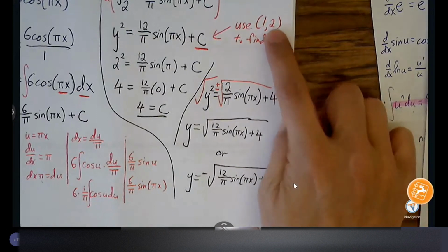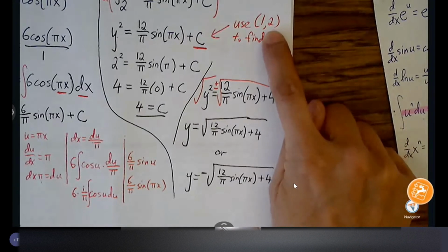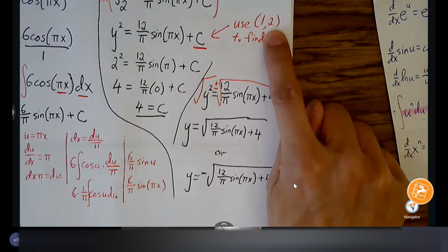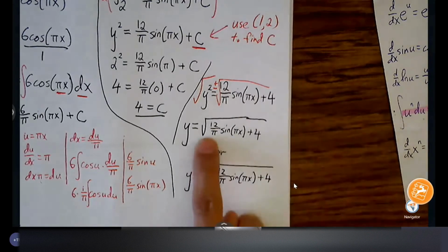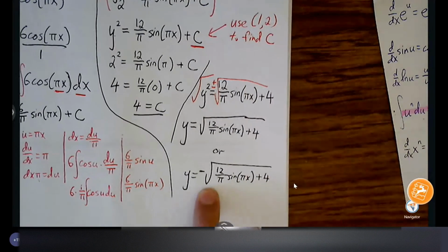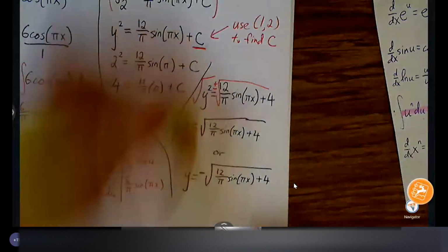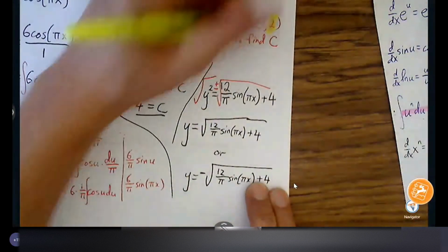The ordered pair has to sit on one of these graphs, and a quick way to tell is we look at that y value. Whatever the sign of the y value is going to match the sign of your radical. So because I have a positive 2, I want to choose a positive radical solution. If I have a negative 2, then I want to choose a negative square root. Okay, look at the sign of the y value.